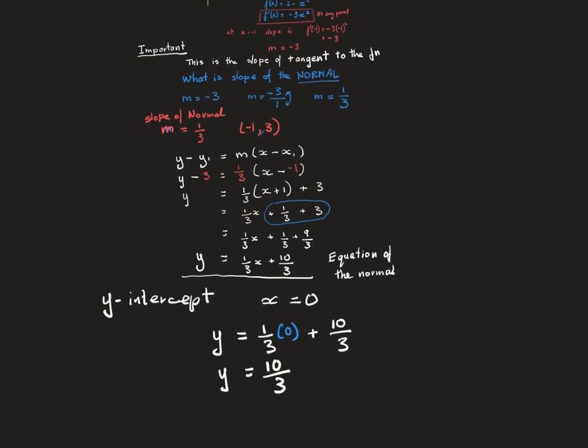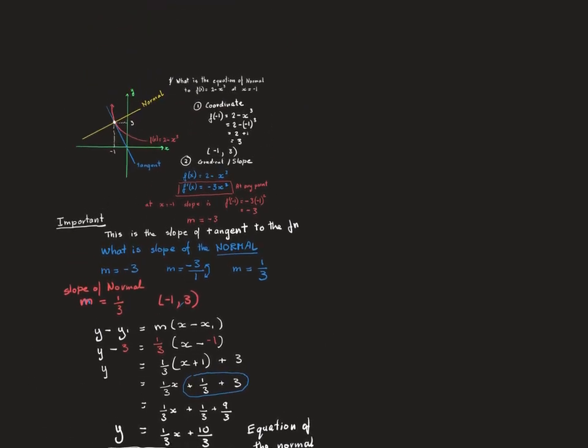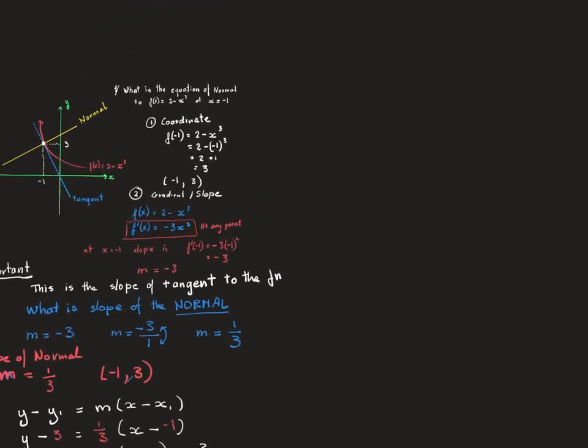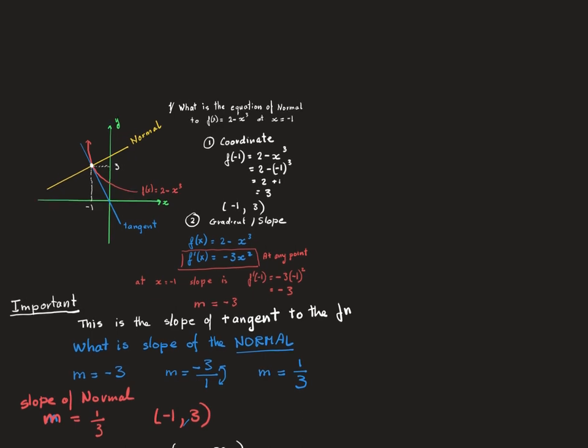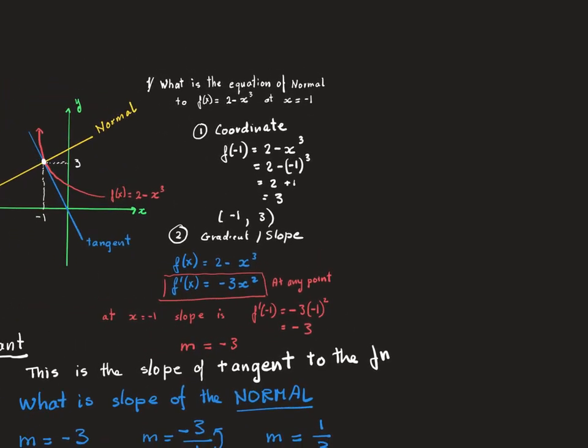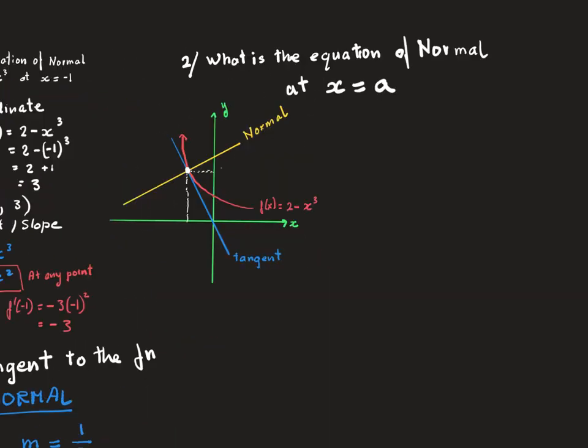What if we wanted to find the equation of the normal at x is equal to a? Okay, we've drawn that graph again, and this time x is equal to a. That's an abstract, any number whatsoever.